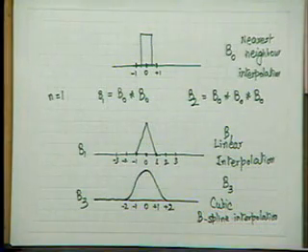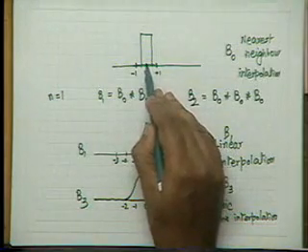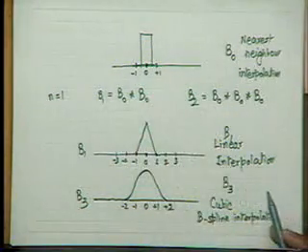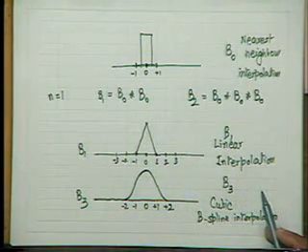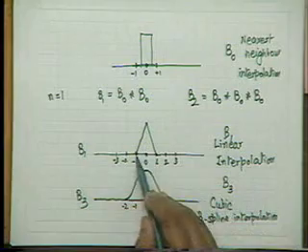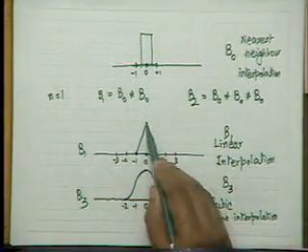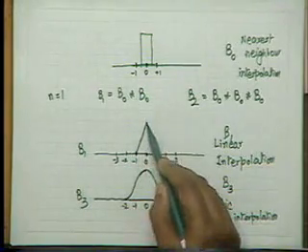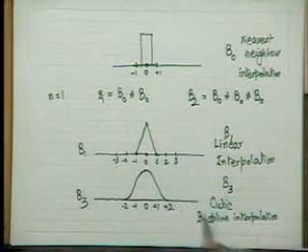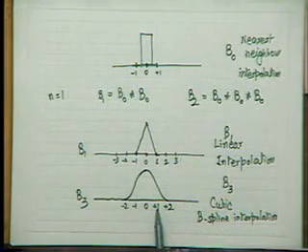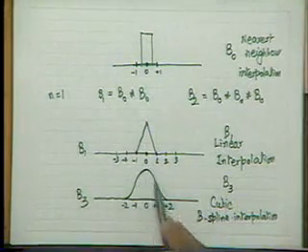So B0 is only doing a nearest neighbor on this central pixel, giving nearest neighbor algorithmic results. The linear interpolation is considering the range from -1 to +1, with maximum value at 0, and dropping down to 0 at -1 and +1, and then comes the cubic function, which we have shown over here.